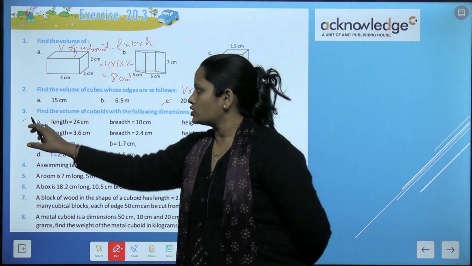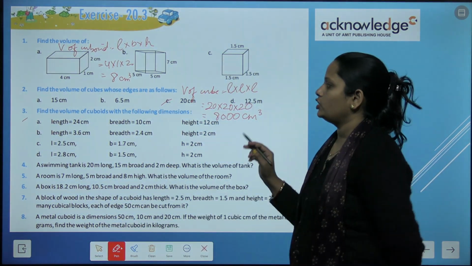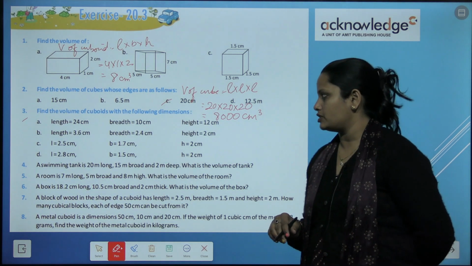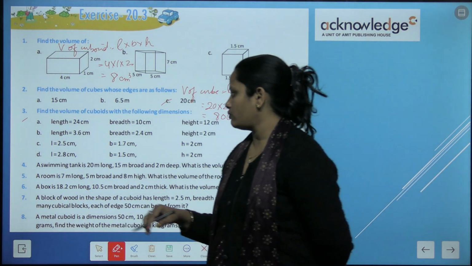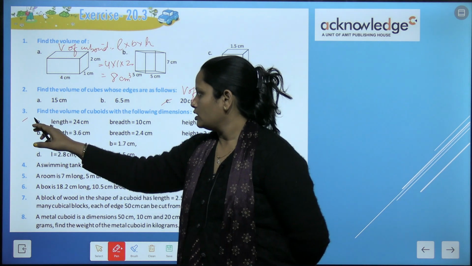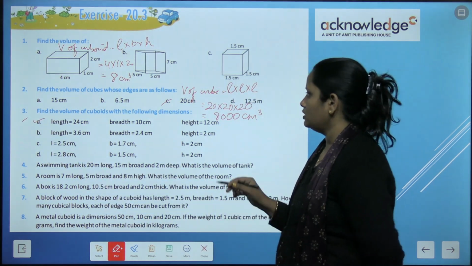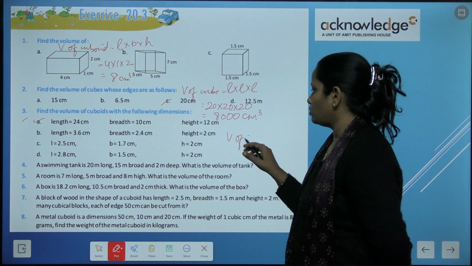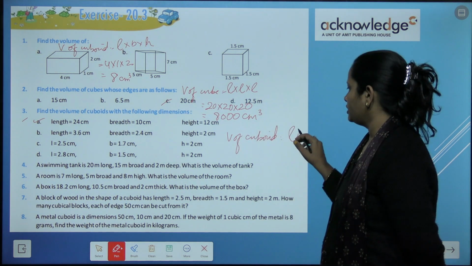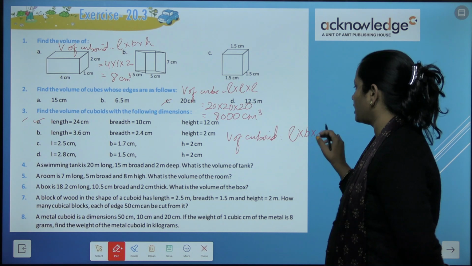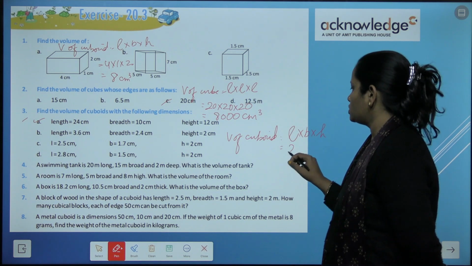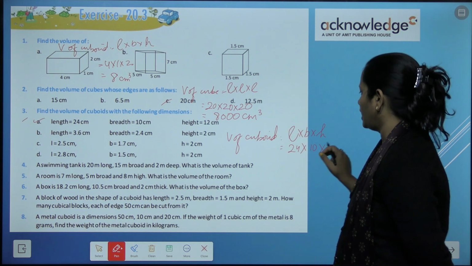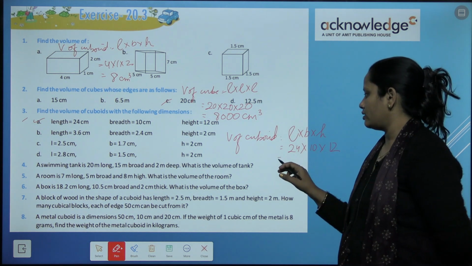Now let's do this question number 3. Find the volume of the cube with the following dimensions. यहाँ पे cube है, उसके कुछ dimensions दिए गए हैं. Let's find the volume. So here the volume of cuboid is length multiply breadth multiply height. So length is 24 multiply breadth is 10 and height is 12.